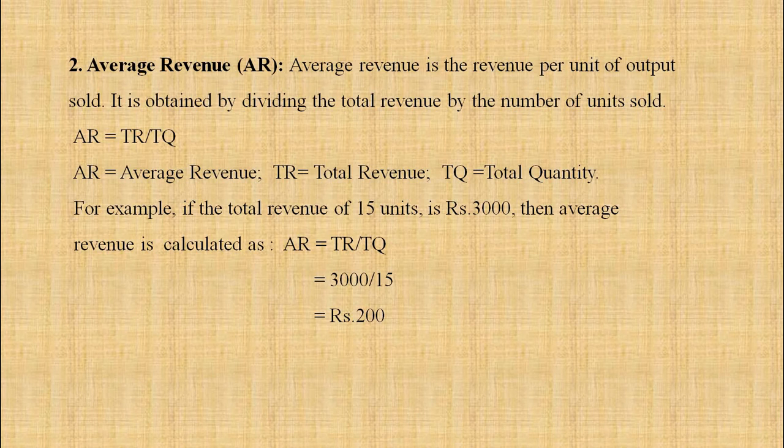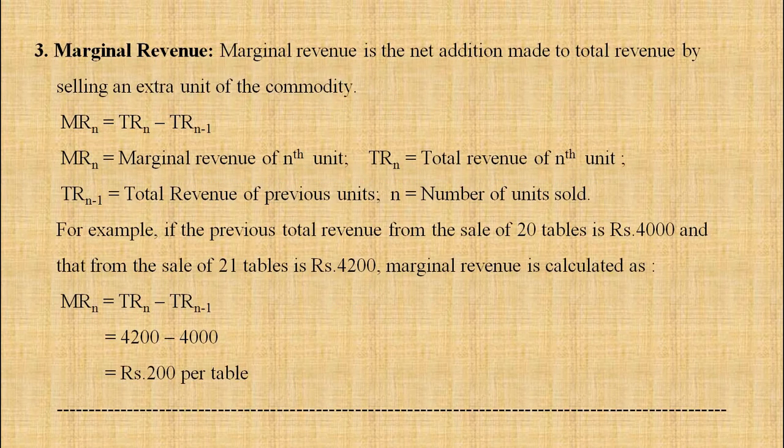So average revenue is equal to TR divided by TQ. Here AR is average revenue, TR is total revenue, TQ is total quantity. For example, if the total revenue of 15 units is 3000, then AR is equal to TR divided by TQ, that is 3000 divided by 15, which is rupees 200.